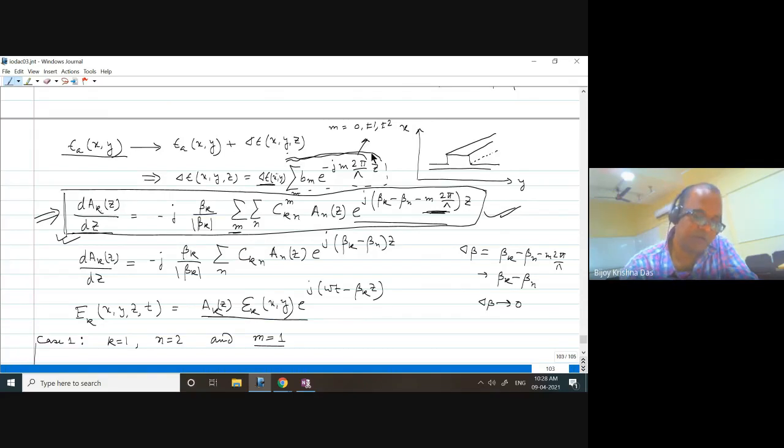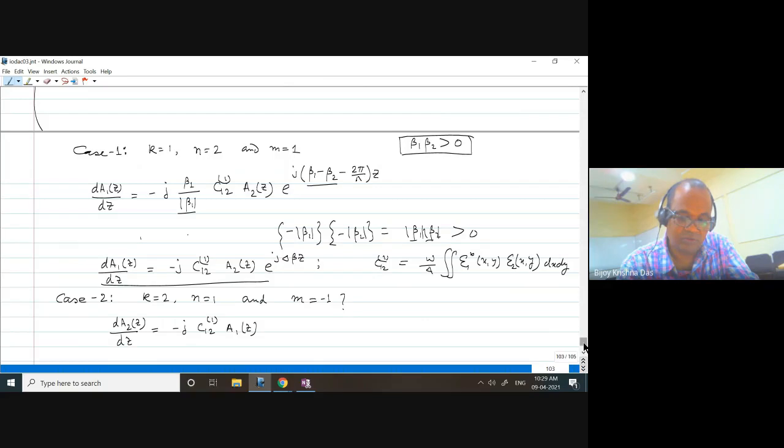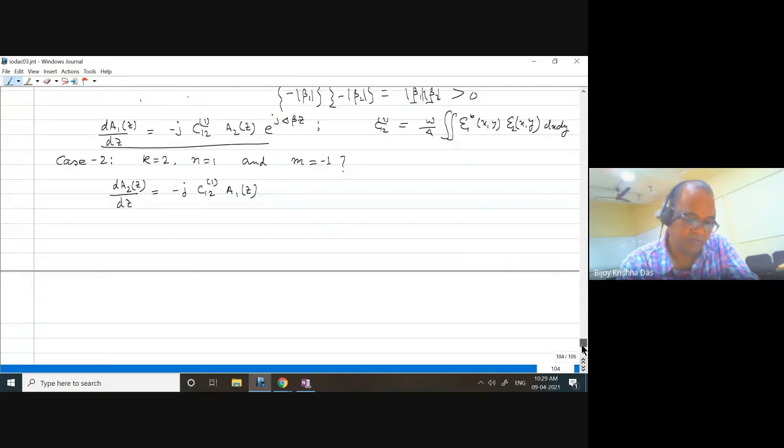Fourier transform, right? It can accept plus sign as well as minus sign. So if energy is flowing from mode 2 to mode 1 because of m equal to 1, then energy will flow in the reverse direction when m equal to minus 1. That is the condition, right?